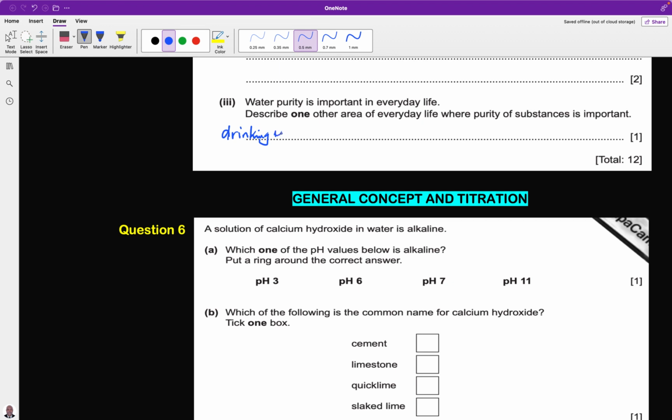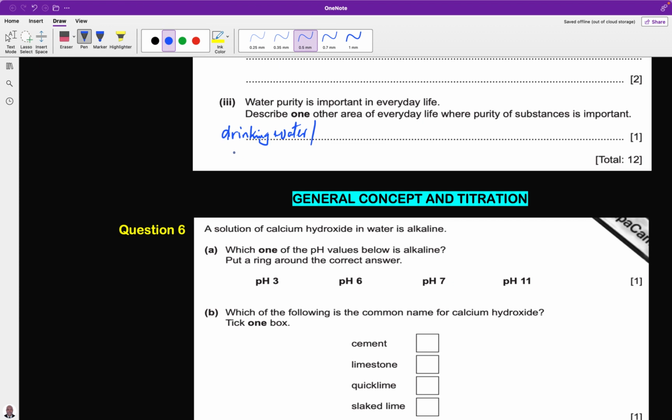There is also purification of foodstuff. Because they say, describe one other area of everyday life where purification is needed.